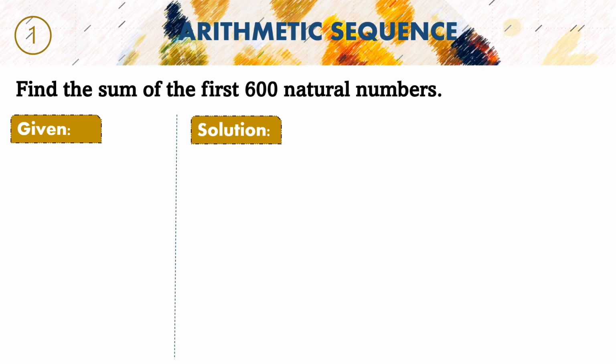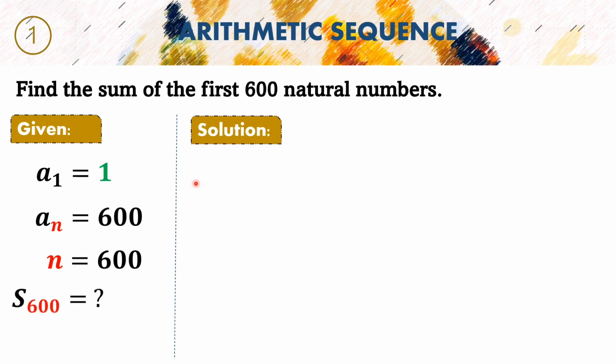Okay, let's identify the given. A sub 1 is 1, a sub n is 600, that's 1 to 600, n is 600 items or terms, S of 600, so that's what we're going to look for.